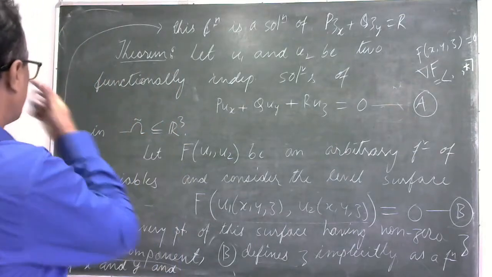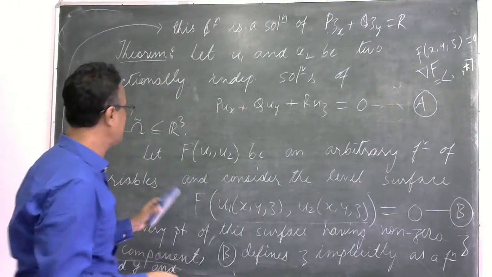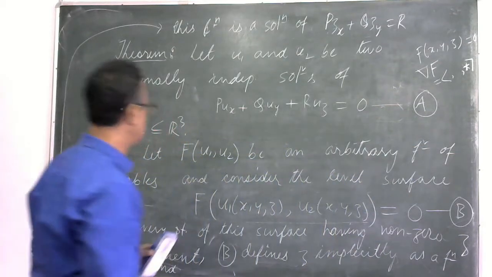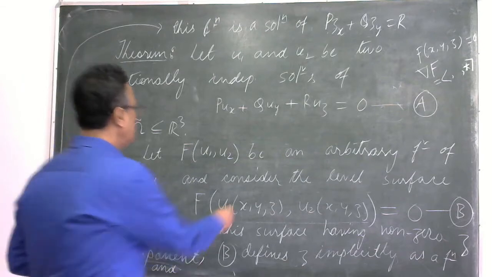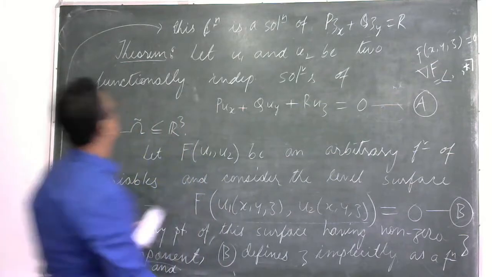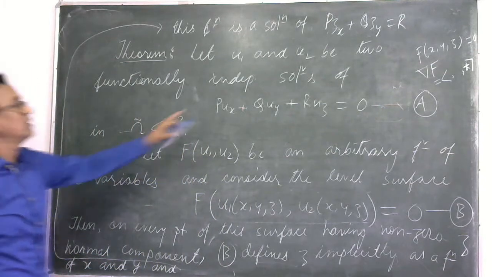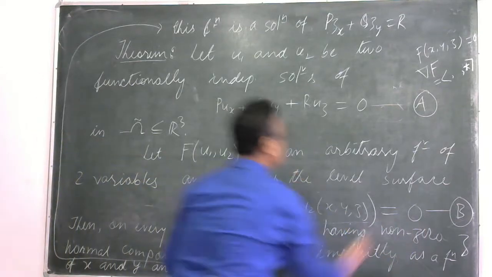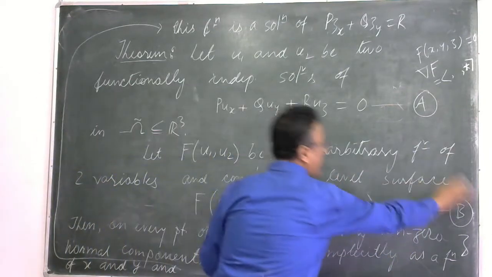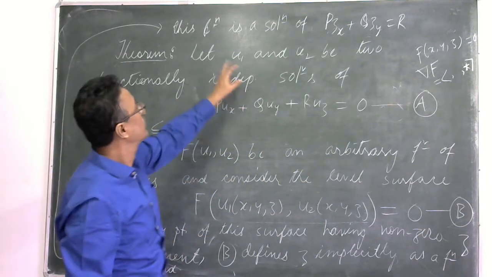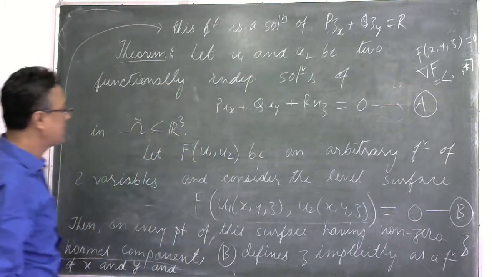Okay, see here what is happening? I am taking f of u1, u2. It is an arbitrary function of two variables where the argument of this function has come from the functionally independent solutions of this equation, u1 and u2. This is the level surface that has been eked out of those two functionally independent solutions, right?